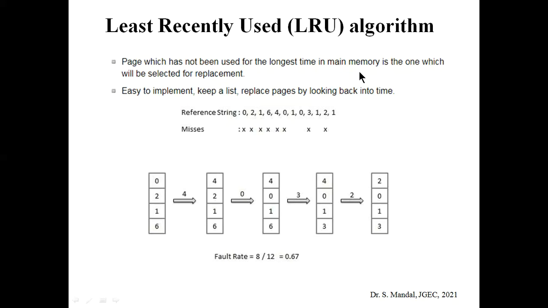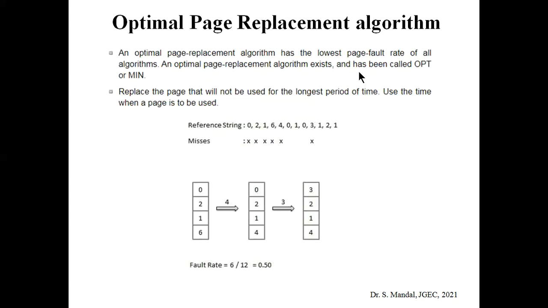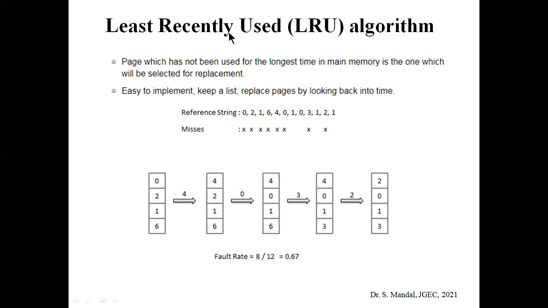In the optimal algorithm, for a particular page we need to look into the future, that means upcoming page numbers. But in LRU, we need to look at the reference string in the past, or back in time.